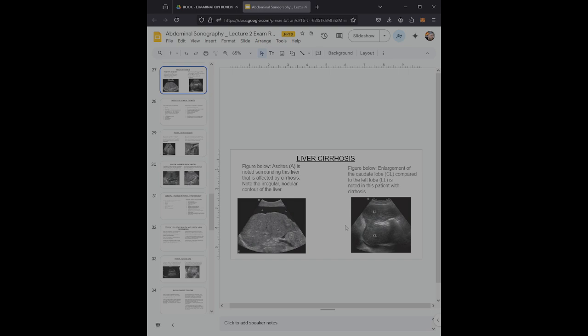There can also be some splenomegaly, and cirrhosis caused by alcoholism will lead to the development of nodules that will measure less than 1 centimeter, and we call these micronodular. Although you can have macronodular cirrhosis, which would be caused by hepatitis, and these larger nodules would measure between 1 and 5 centimeters.